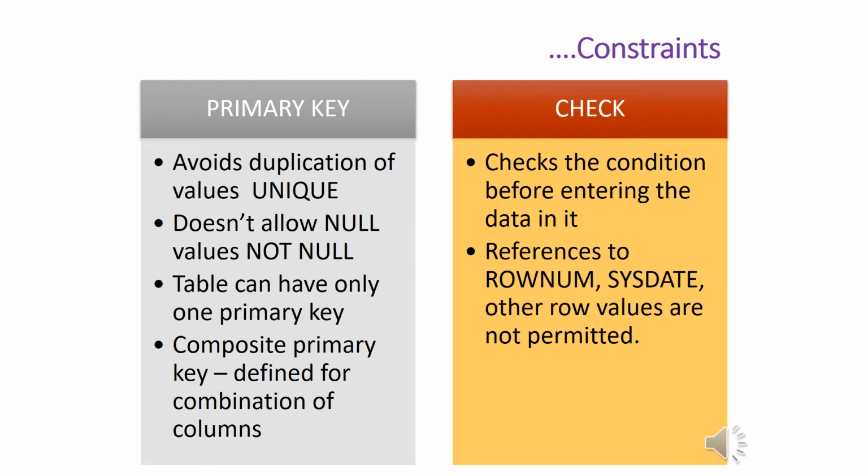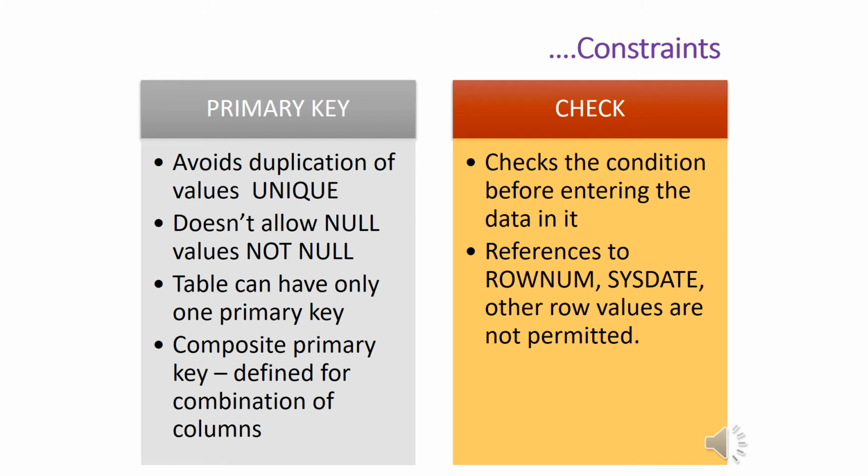The third one is primary key. It avoids duplication of values like the unique constraint, and it doesn't allow null values into the column as in the not null constraint. The important condition is a table can have only one primary key, but we can combine two columns as a composite primary key.